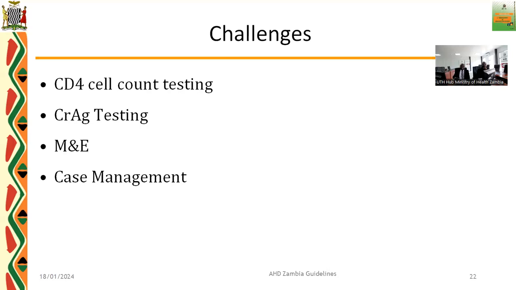We've had some challenges. CD4 cell count testing is still a challenge. We still have over 119 PIMA sites and a few sites that are using the FACSCalibur. Now we are out of PIMA reagents.